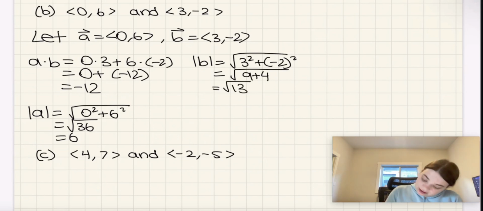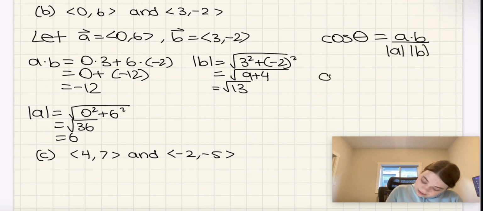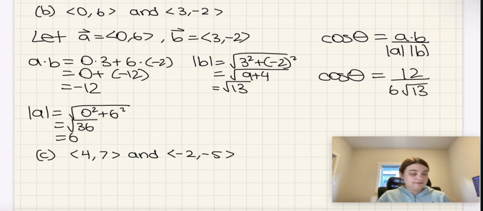So now let's recognize that cosine theta is equal to A dot B over magnitude A magnitude B. Therefore, cosine of theta is equal to -12 over 6 root 13.